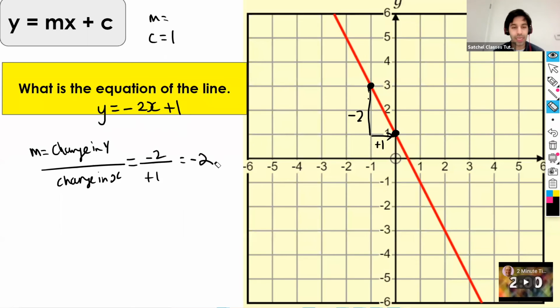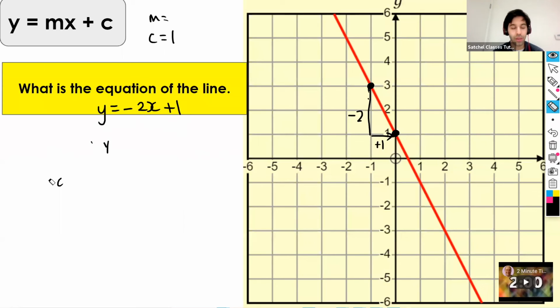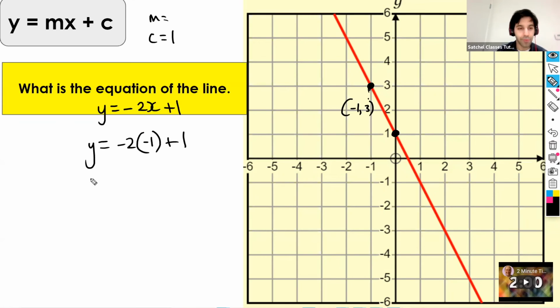Now I'm just going to test out my equation. I know that one of my coordinates is going to be (-1, 3). So when x is -1, is y going to be 3? So y equals -2, and instead of x, I'm going to put -1, plus 1. Y therefore equals 2, since a negative multiplied by a negative is a positive.